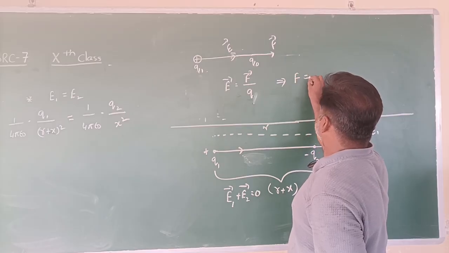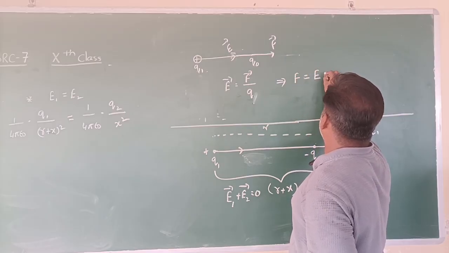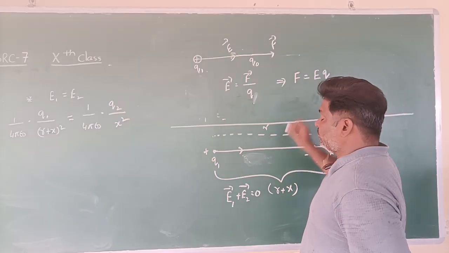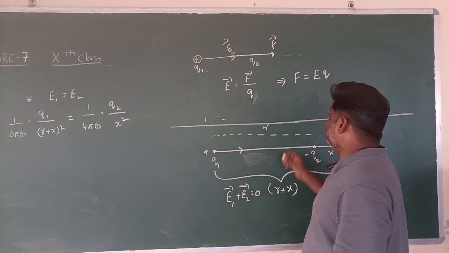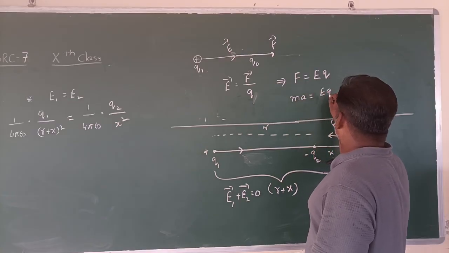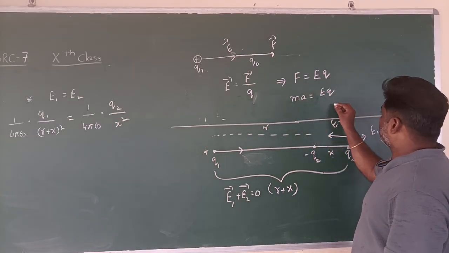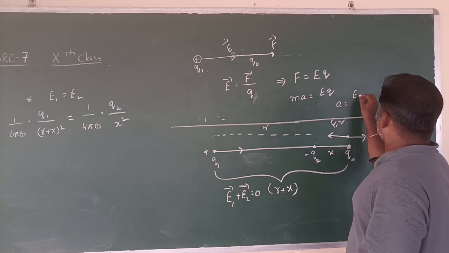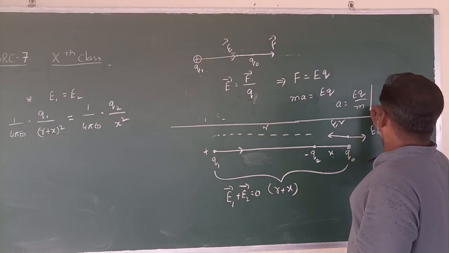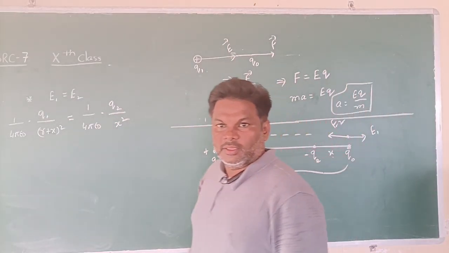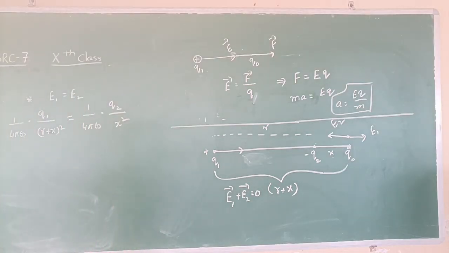Magnitude of F is equal to magnitude of E into Q. According to Newton's second law, the force applied on any object, F, is equal to ma. So a is equal to EQ by m. This is the acceleration of the charged particle when it is placed in an electric field.